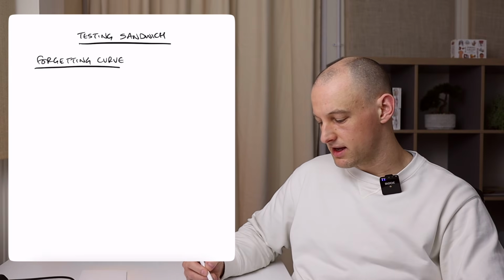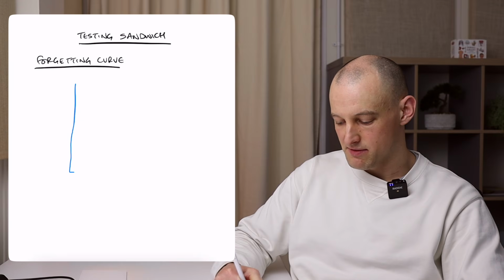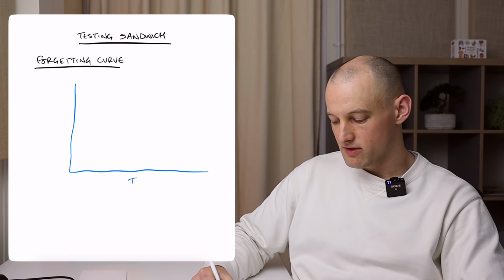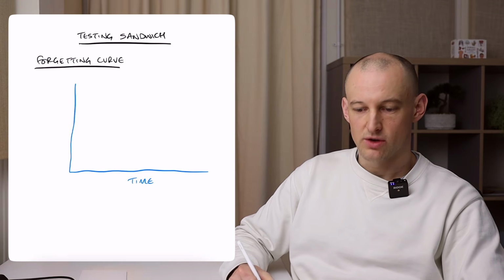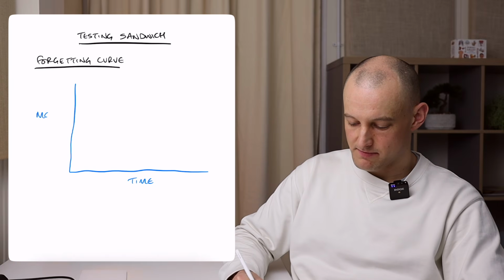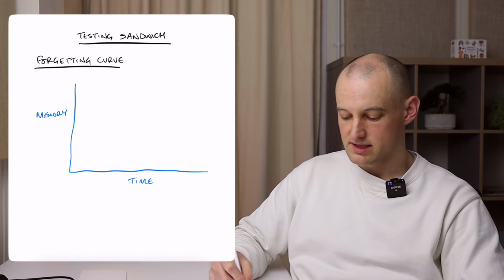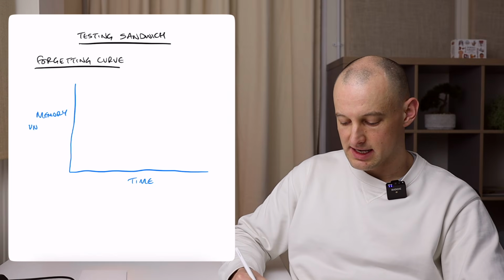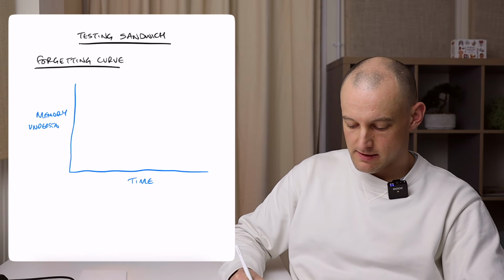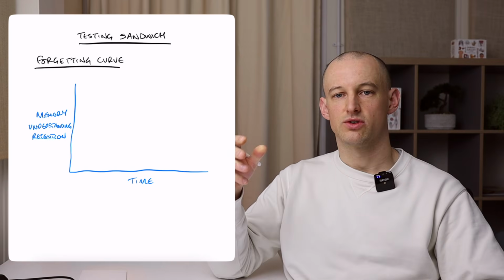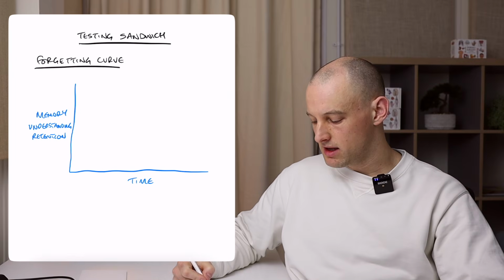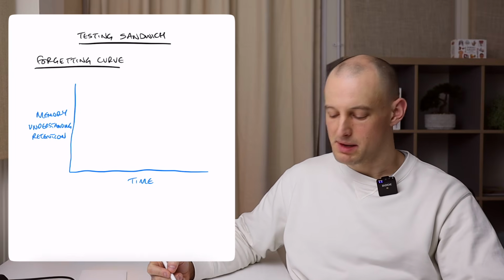So what's the forgetting curve? If you watch my other videos, you'll probably be familiar with it. But basically, you've got time and you've got memory. So this could be memory, understanding, retention. So this is the stuff you're trying to keep in your memory when you study a topic.